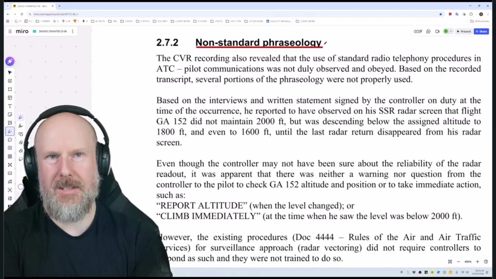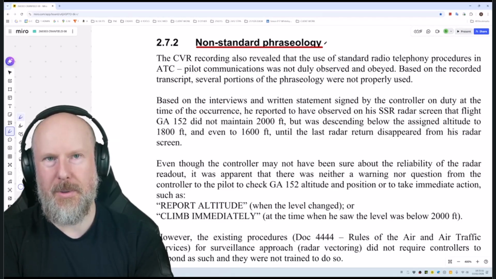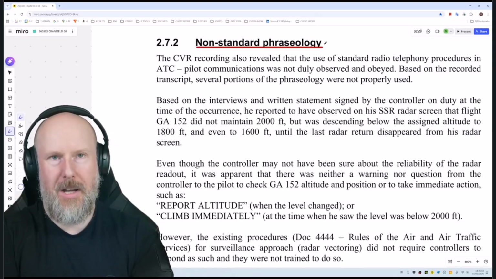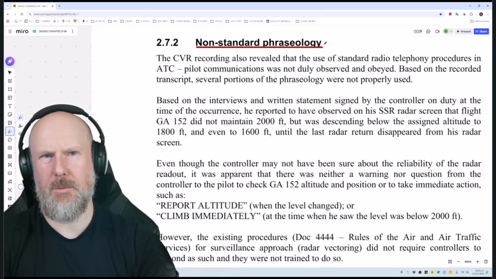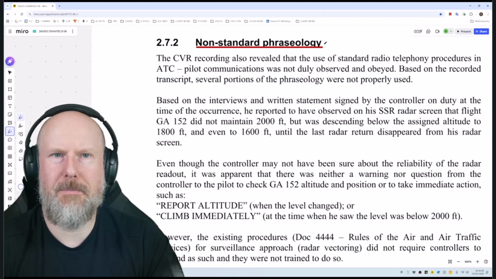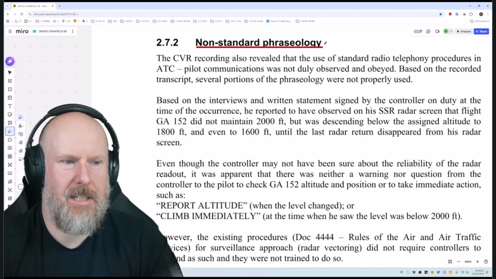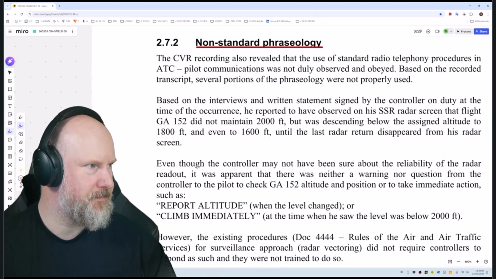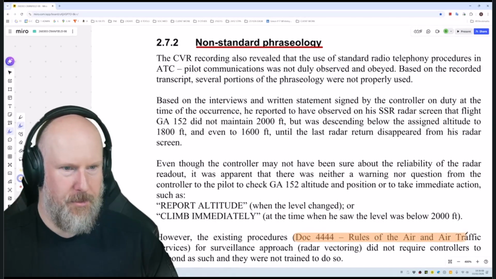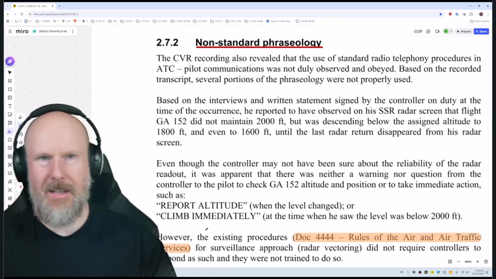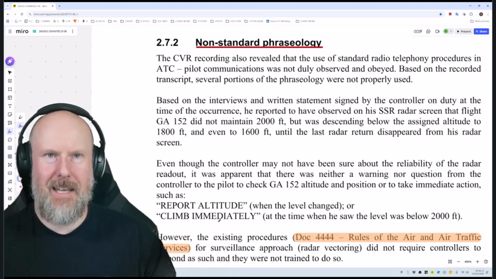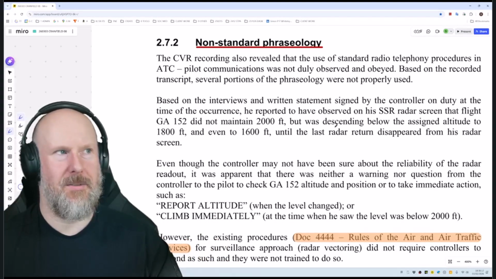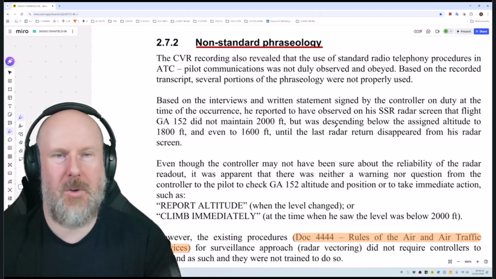Non-standard phraseology was one of the contributors to that accident, and ICAO took some actions to try to deal with that with Doc 4444, which attempts to set standard radio phraseology. It's listed down there, look. That is intended to mitigate this problem, but of course it's not easy to sort that kind of thing out.